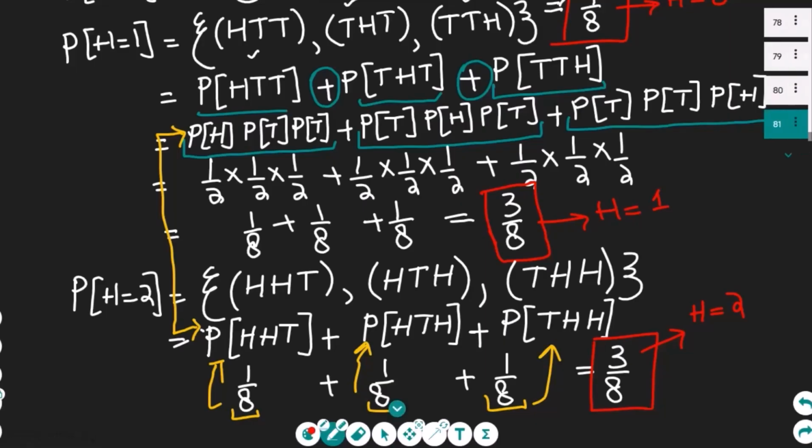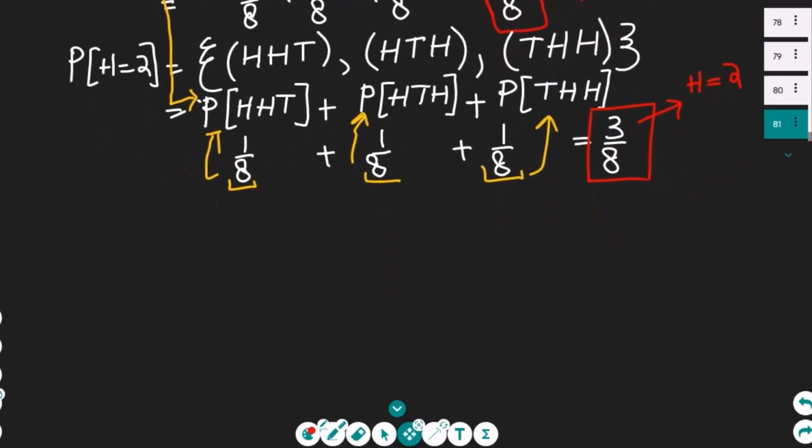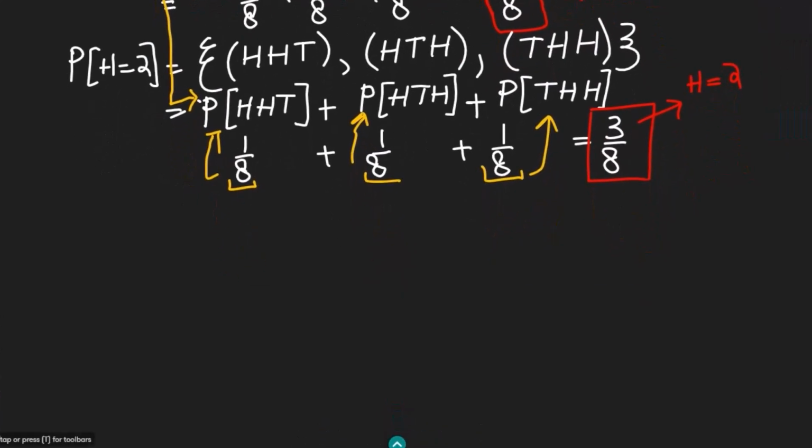Similarly for the last part, I have to find out the probability of heads equal to 3. That is the probability that I will get 3 heads in 3 tosses.